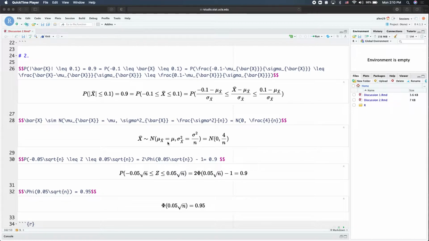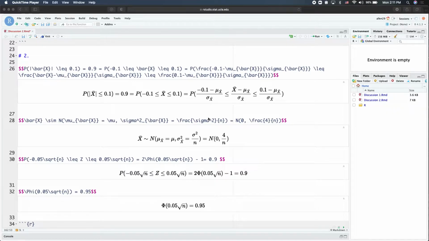So x bar also follows a normal distribution with mu of the x bar equal to mu, the mean of the individual random variable. And then the variance of x bar is also sigma squared over n. So this is the distribution for x bar, but with n unknown for now.